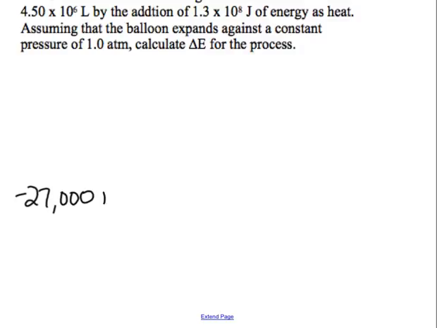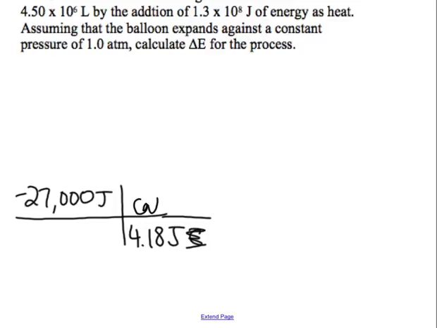So this is joules. Does anyone know the conversion between joules and calories? So it's 4.18 joules per calorie, right? 4.18 joules per calorie. I think that's it, right? See, I'm going into a world that I don't know a lot about.